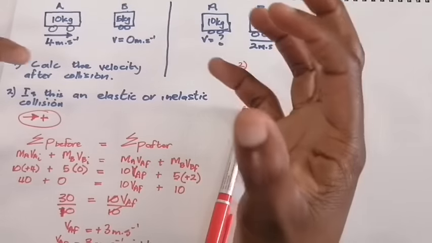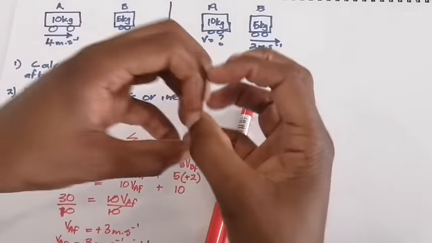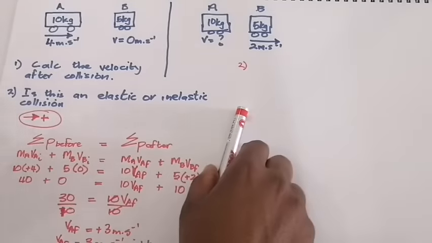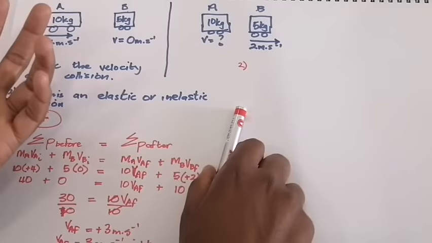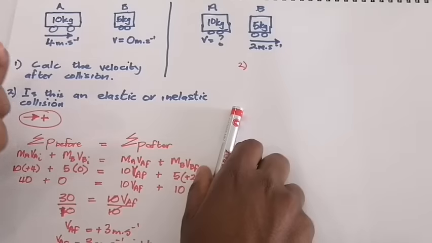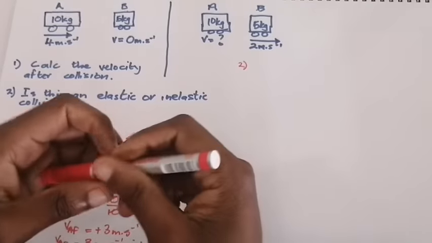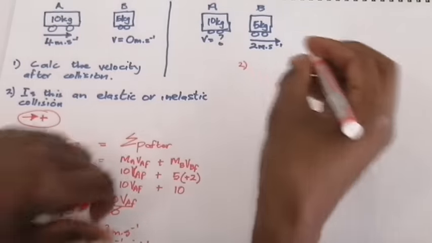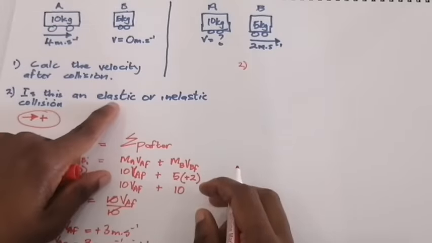Some of the energy that they carried is converted into another form of energy. In this particular case, it could be sound. In other cases, it could be heat, it could be all sorts of different things.